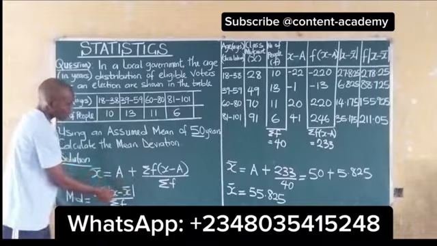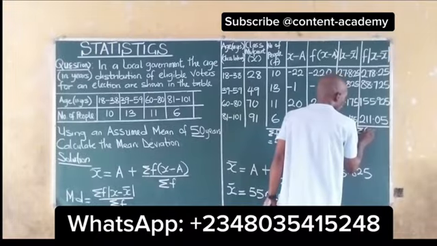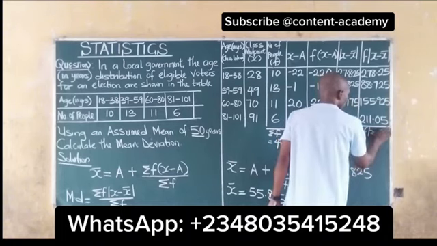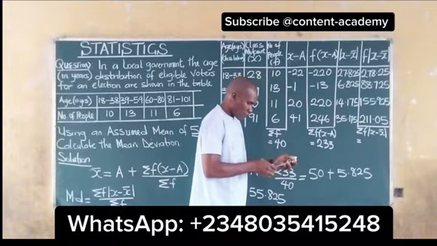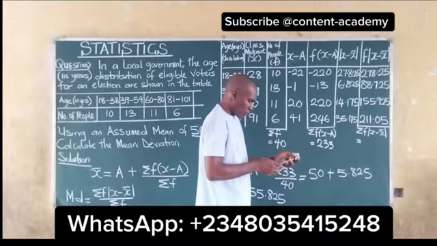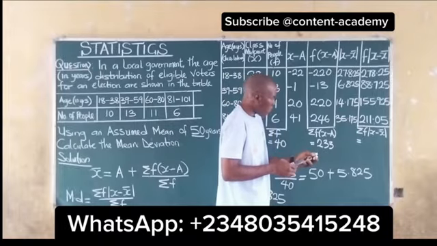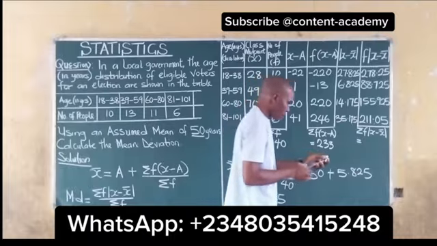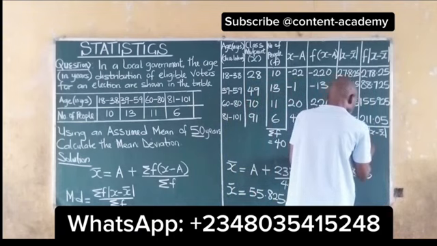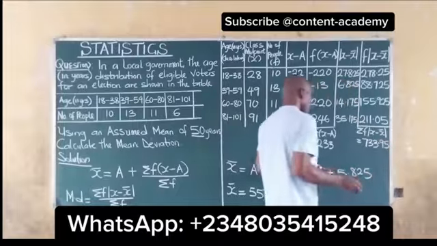If we sum the whole of this, summation of f of x minus x bar is equal to 276.25 plus 88.725 plus 155.925 plus 211.05, which is 733.95.